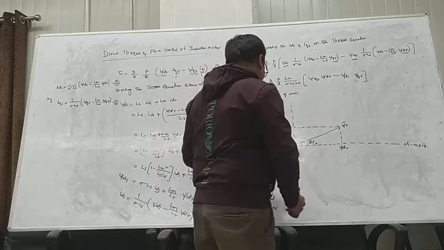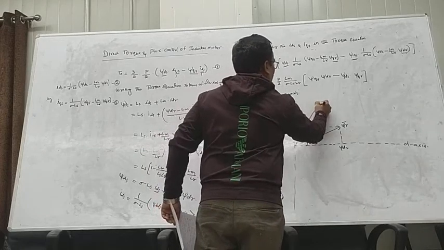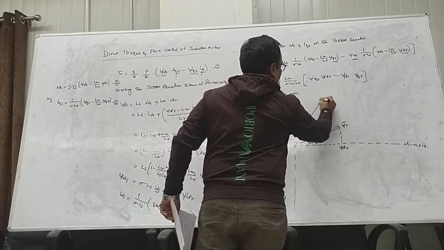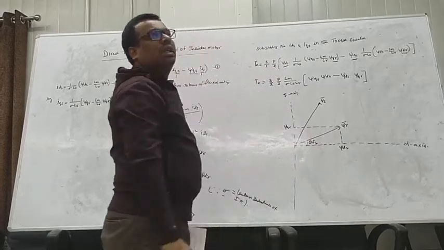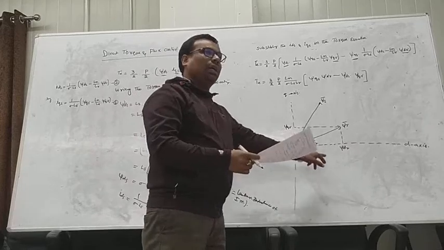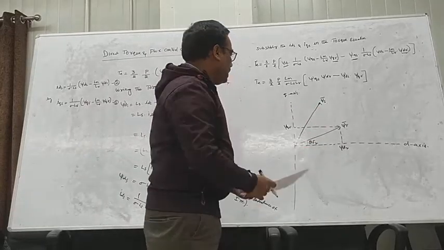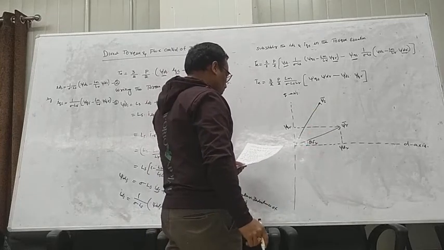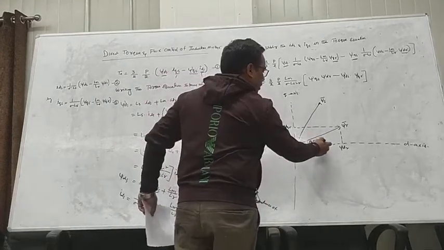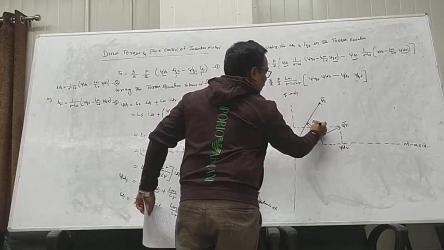So you need to write down this component, psi s. This is the stator flux vector. So psi r is the rotor flux vector and psi s is the stator flux vector. And this angle is theta fs.